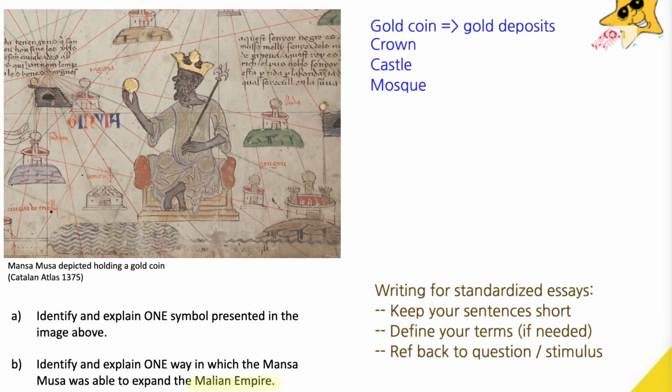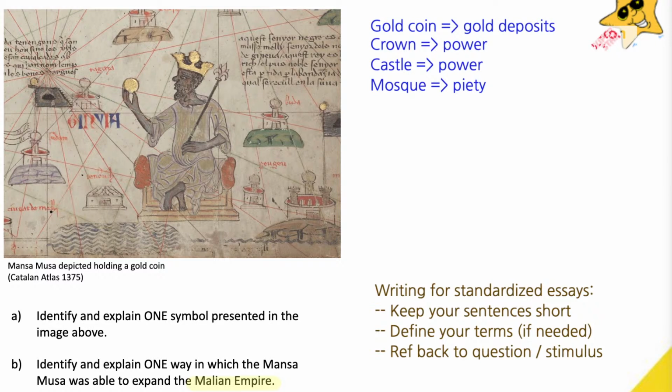As far as a crown, that of course means power. The crown and the castles would indicate the symbols of power. And yes, he was pretty powerful. The mosque would be piety. He gave generously to various areas.